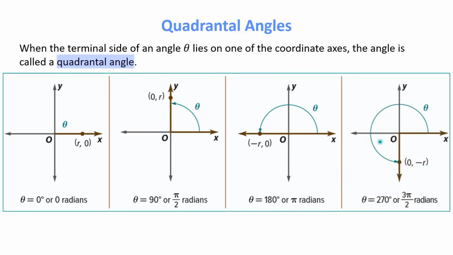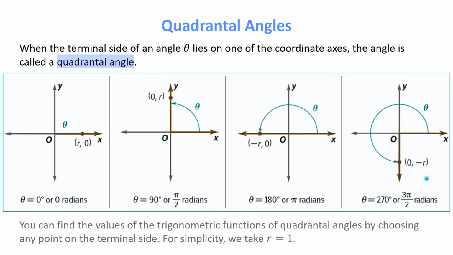And lastly, theta could also lie on the negative y-axis. So again, x will be 0, y will be minus r. And this is for theta equals 270 degrees, or 3 pi by 2 radians. Now, you can find the values of the trigonometric functions of quadrantal angles by choosing any point on the terminal side.